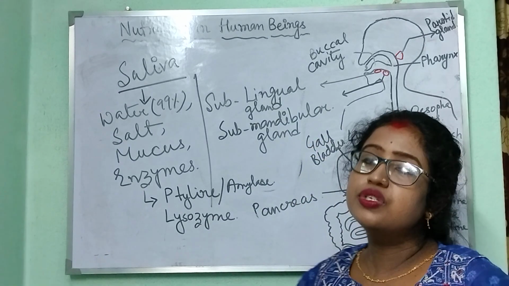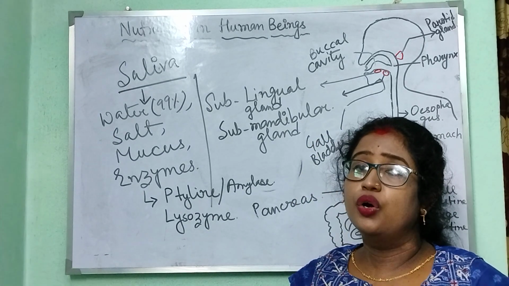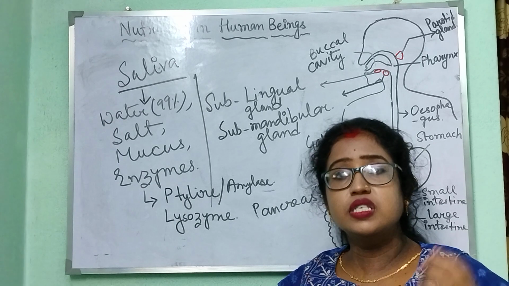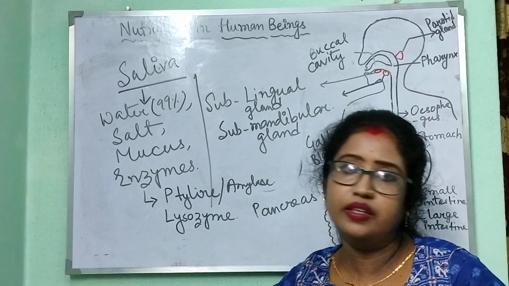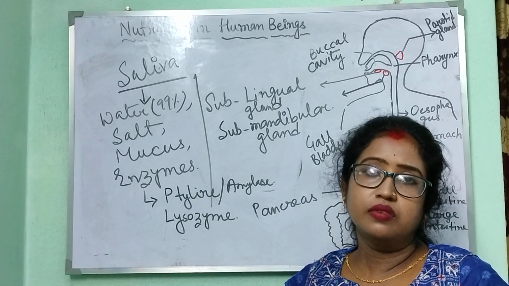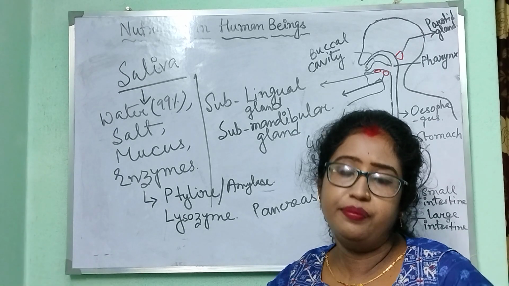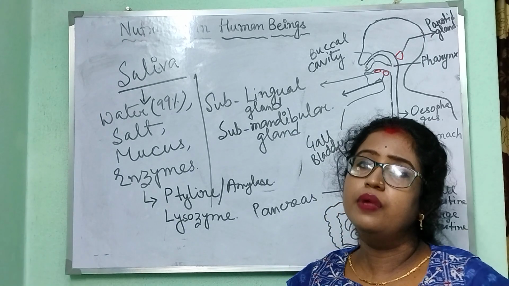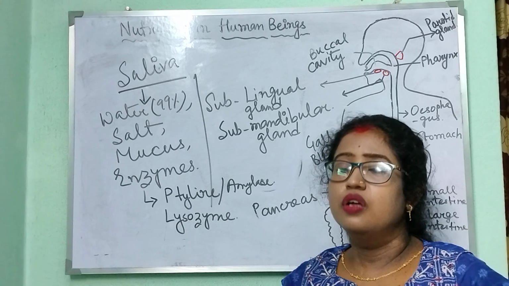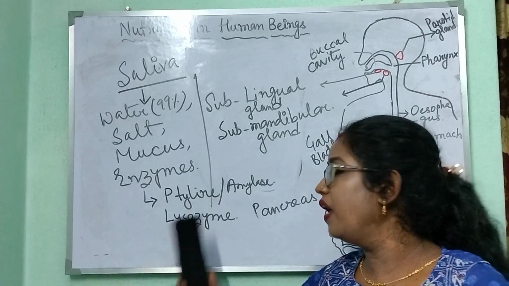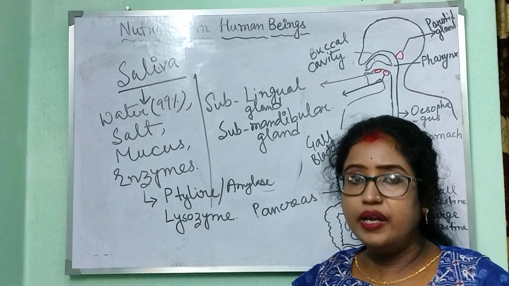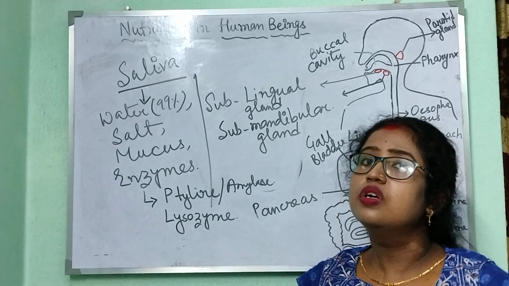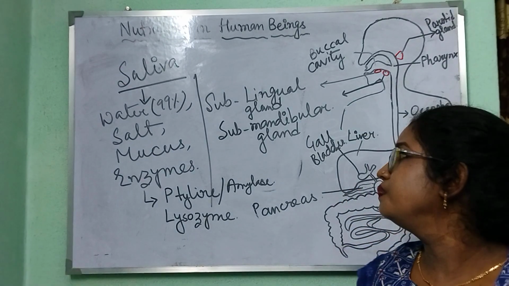Ptyalin actually helps to break down the starch content. Starch is nothing but the carbohydrate product that we get from plant material. So, ptyalin helps to break down the starch to simpler forms.